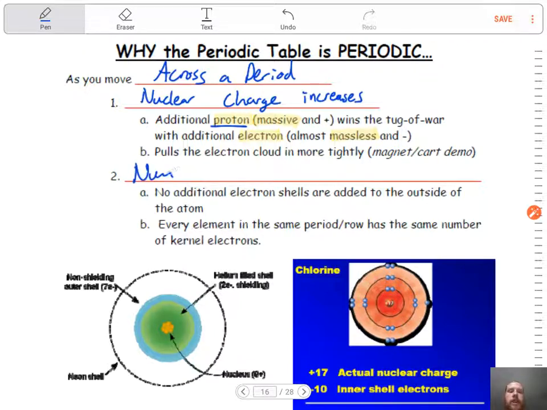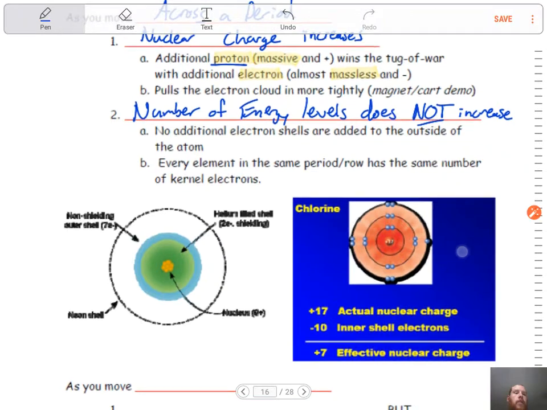Okay. The second thing is, as you move from left to right, the number of energy levels doesn't increase either. It stays the same. So there's no additional orbits or shells around the nucleus, around the atom.